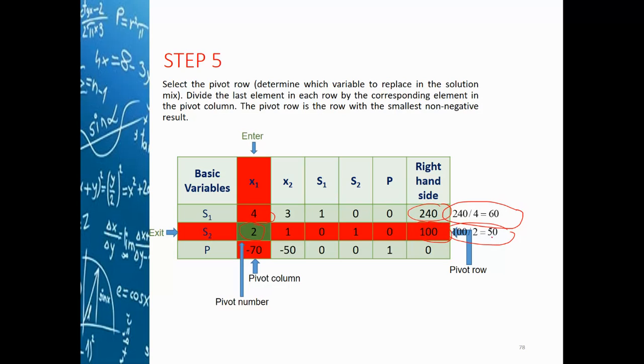Once you get all the answers on the very right hand side, from 60 and 50, you need to choose the smallest value. In this case, my smallest value is 50, so I choose number 2 over here. That's why my number 2 is now in green color.